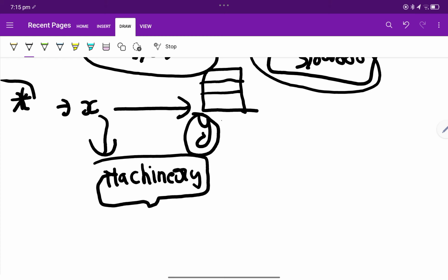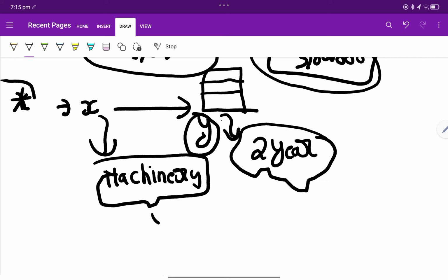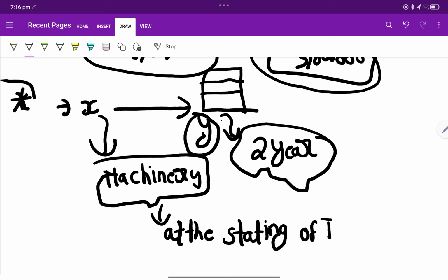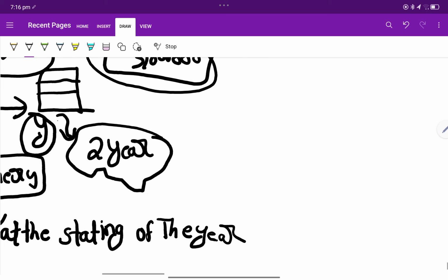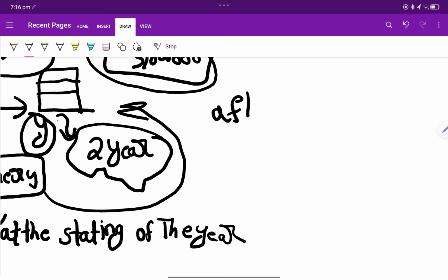The duration of the construction of the asset is 2 years. X purchased this machine at the starting of the year. What happened? This machine can be used for construction of this asset only after 6 months.